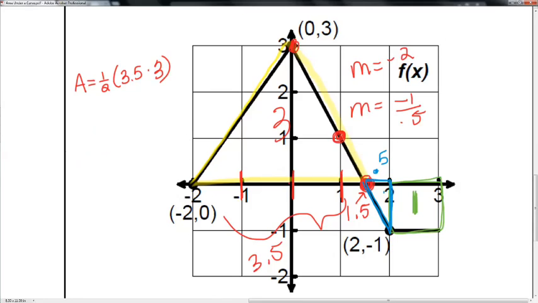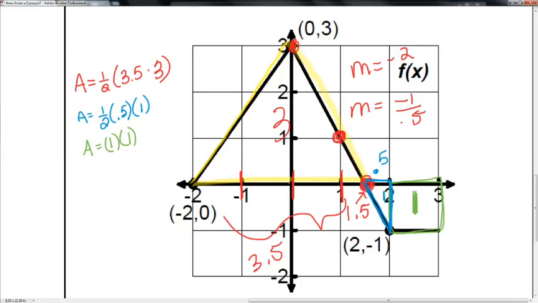And its height is 1. So his area is 1/2 my base, 0.5, times my height, which is 1. And then I have finally my other area, which was a 1 by 1.